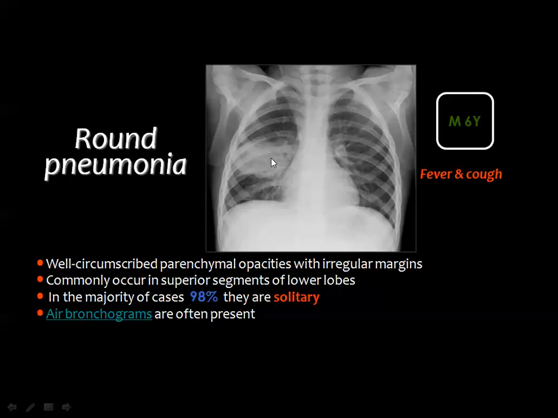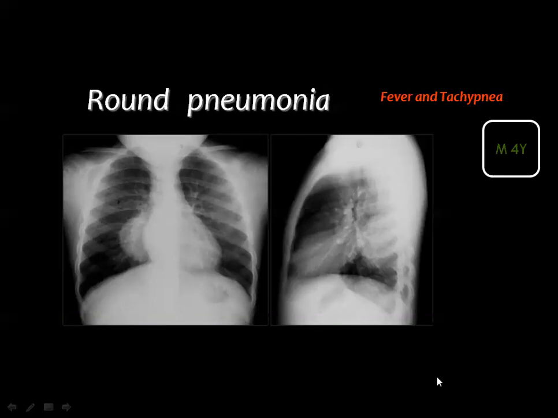But in my opinion and according to the cases I have seen, the air bronchogram is not a prominent feature in round pneumonia, and I think this finding is a cause for further evaluation by CT, for example, in such cases. And this is a case of round pneumonia.